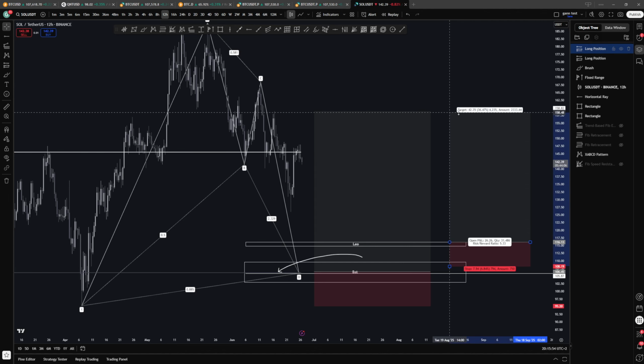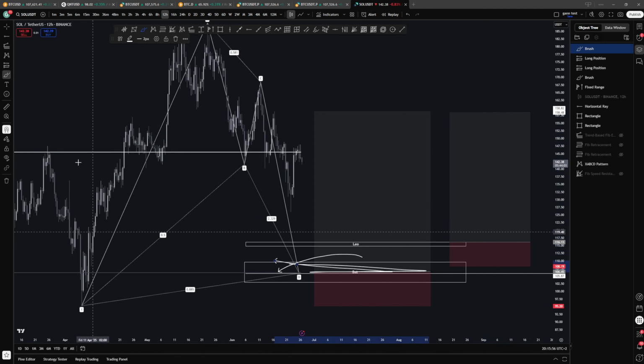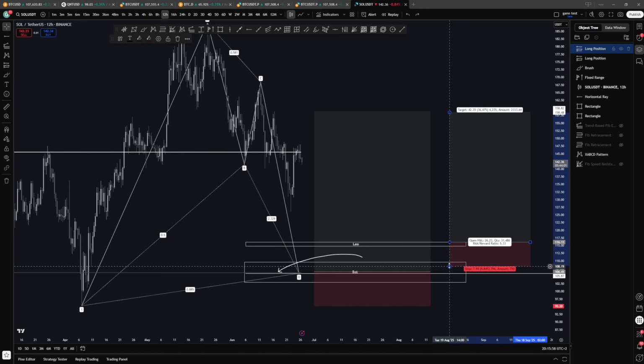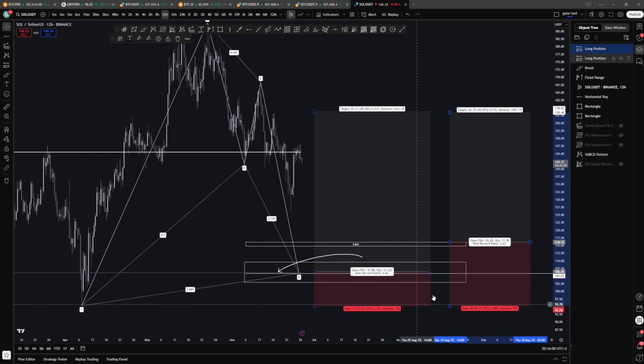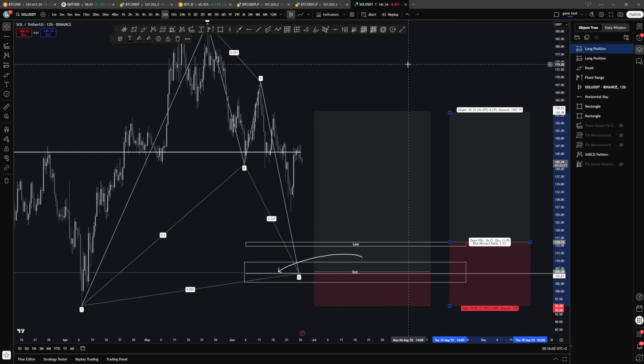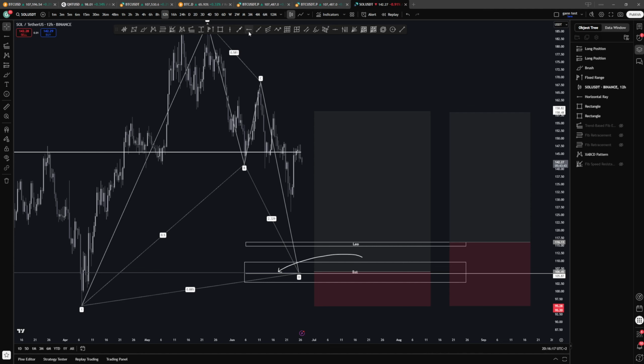And the reason for that is because we have such confluent areas below it, but if we place our stop loss in the same spot, you would have no risk to reward whatsoever. This would be a good play, or well, it would be likely to work out, but the profit you would make would be extremely small. So in my eyes, this isn't worth taking the risk at all. So for that reason, I would wait for this area to hit.